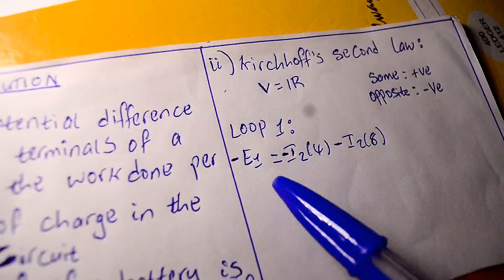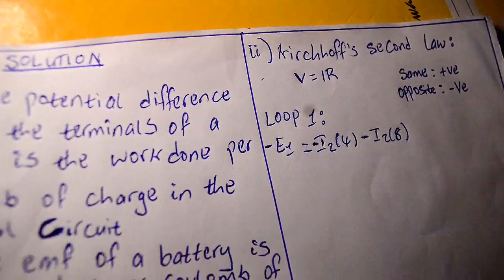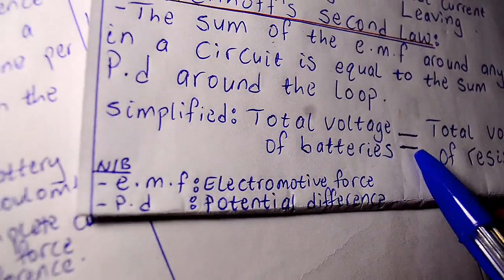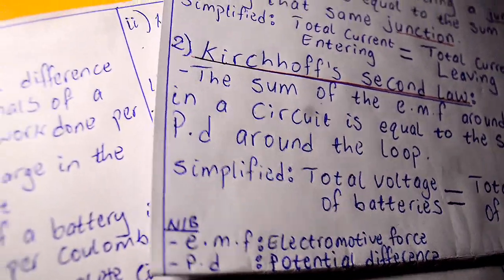So the voltage of the batteries is equal to the voltage of the resistors.